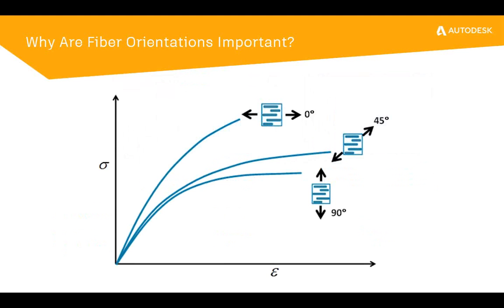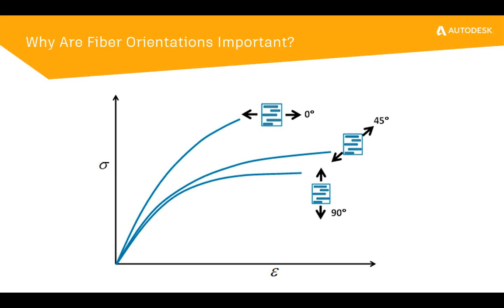That was just a stiffness example, but also if we look at the nonlinear stress-strain response, not only are the stiffness differences evident in this plot, but we can also see when we have a fiber-aligned section of our plastic part and we're applying a load in either the 0, 45, or 90-degree directions, we have very different nonlinear plasticity behavior. And we also have very different levels of stress at which those particular areas will fail.